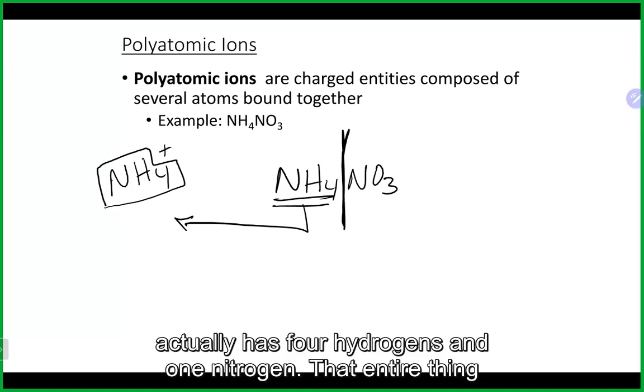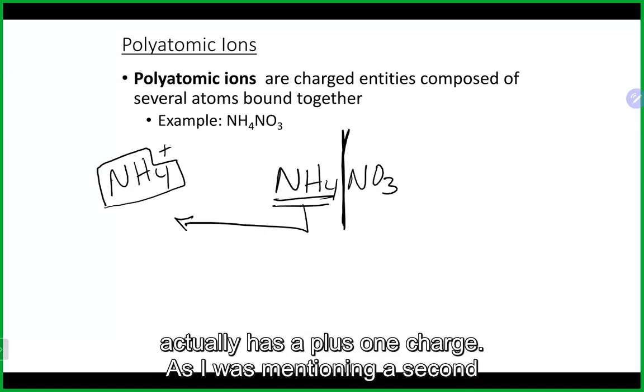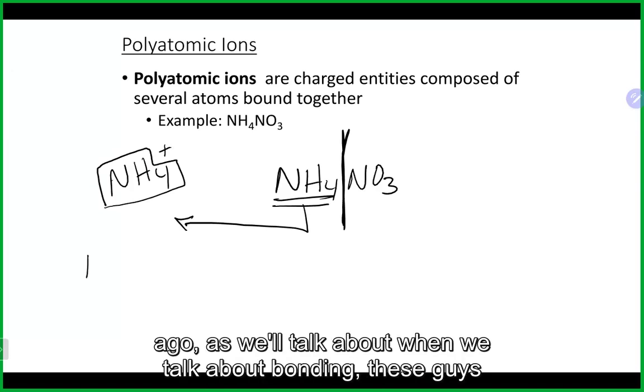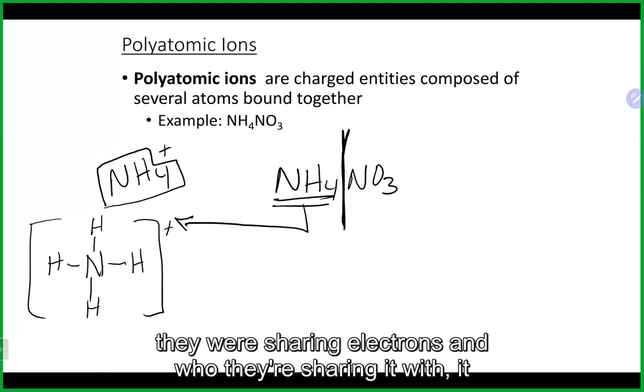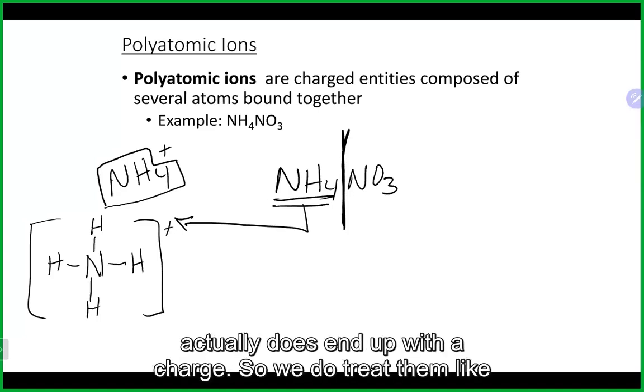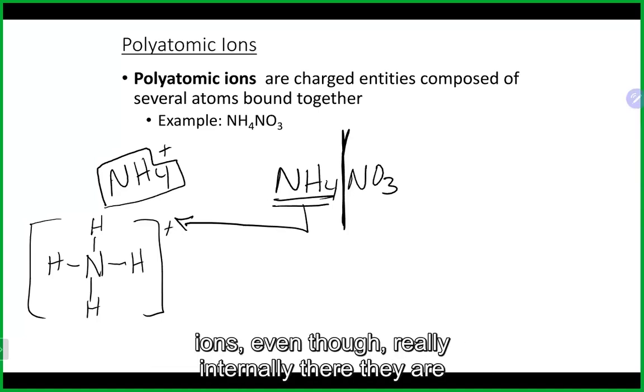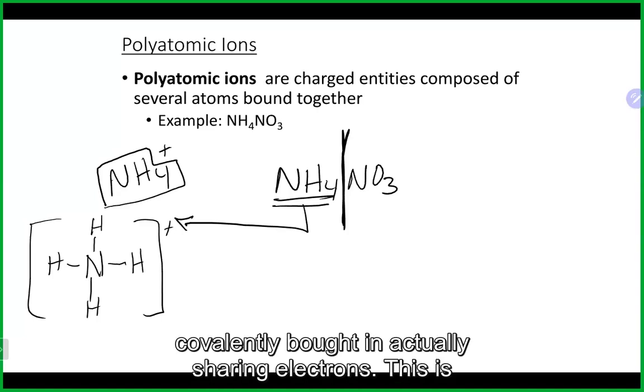That entire thing actually has a +1 charge. As I was mentioning a second ago, as we'll talk about when we talk about bonding, these guys are actually sharing electrons. And overall, because of the way they were sharing electrons and who they're sharing it with, it actually does end up with a charge. So we do treat them like ions, even though really internally they are covalently bonded and actually sharing electrons.